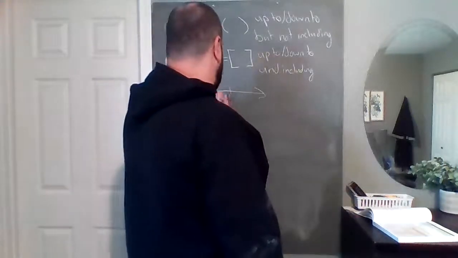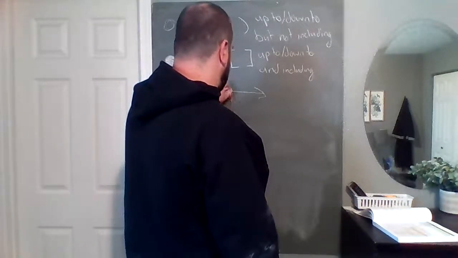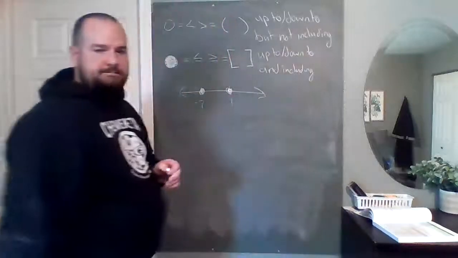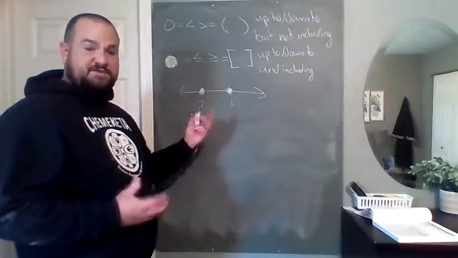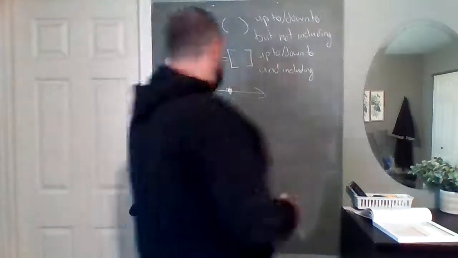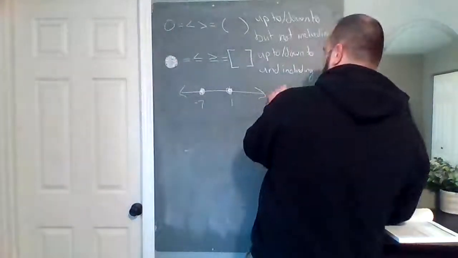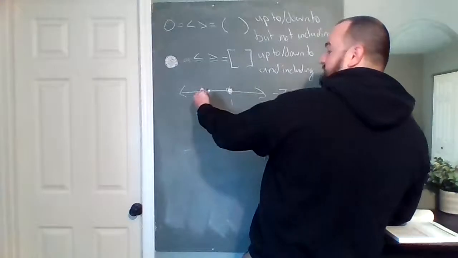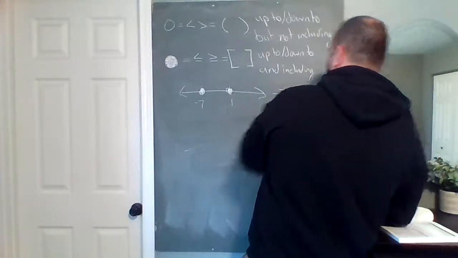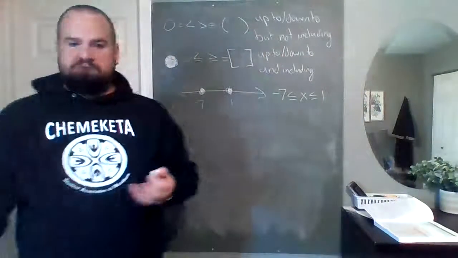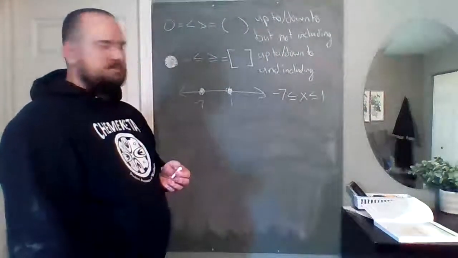And we'll go up to 1. And we'll include that one. Okay? Well, very simply, using inequality notation for things like this is pretty easy, because we can just say that means -7 is less than or equal to, because it's filled in, x less than or equal to 1. Bam! That's it. That's easy.